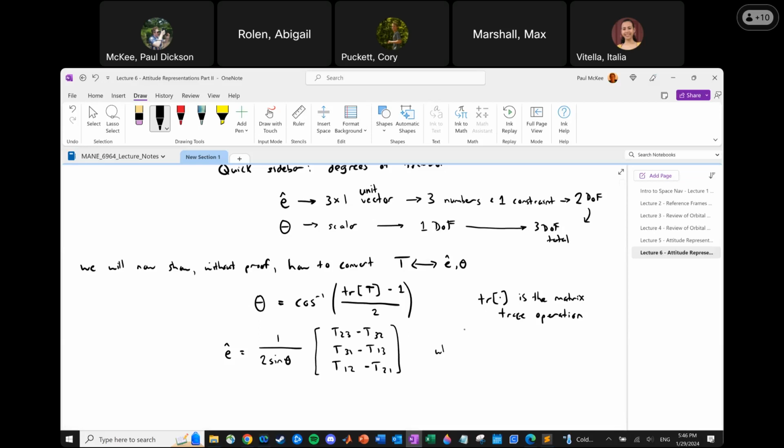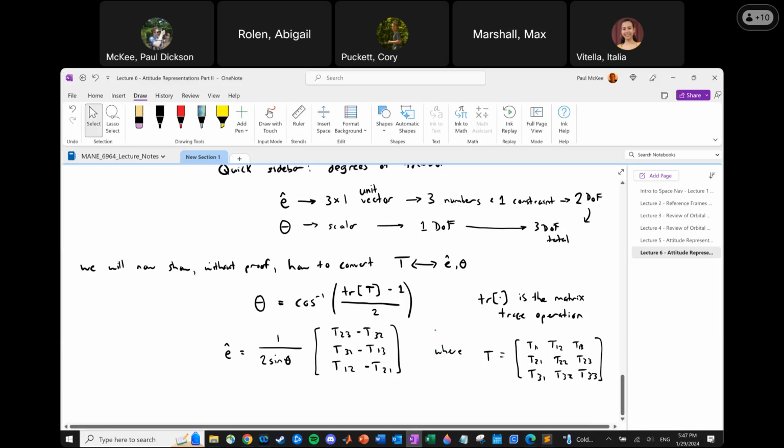And that is where, remember, that we would say that T is T11, T12, T13, T21, T22, T23, T31, T32, T33. So notice that the main diagonal elements give us theta, and then all the off diagonal elements give us E. Interesting that.